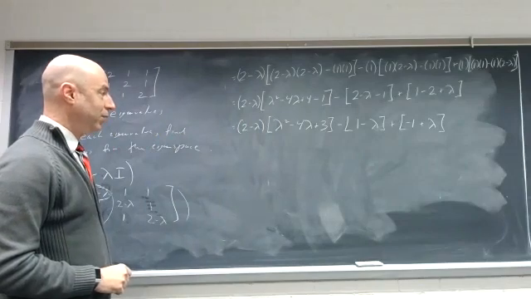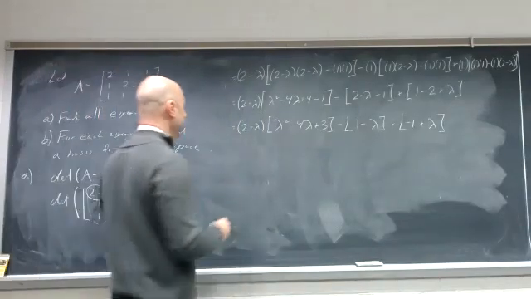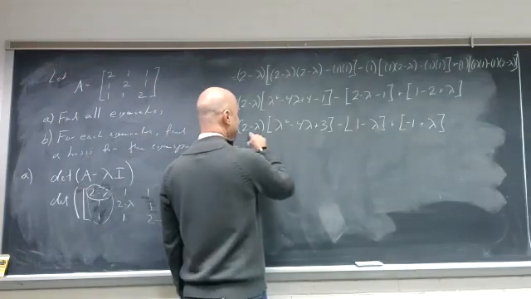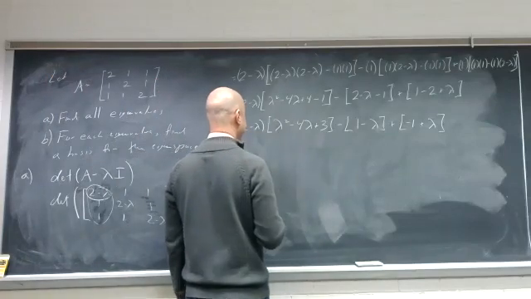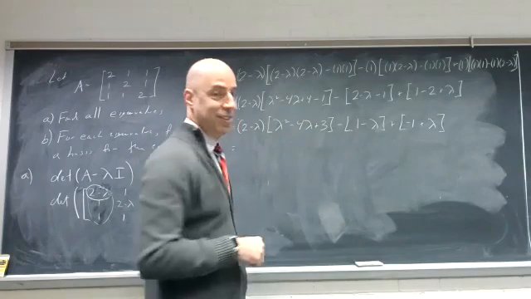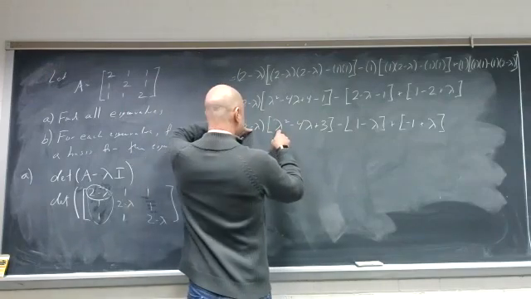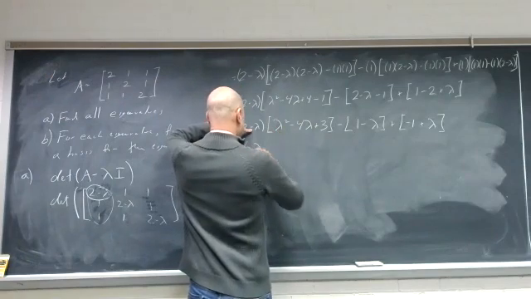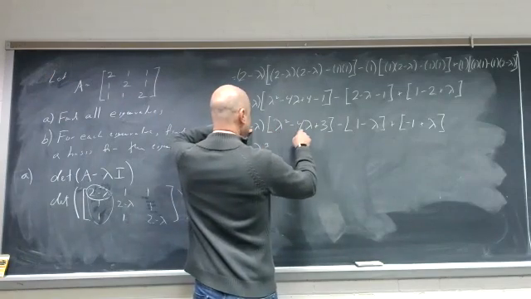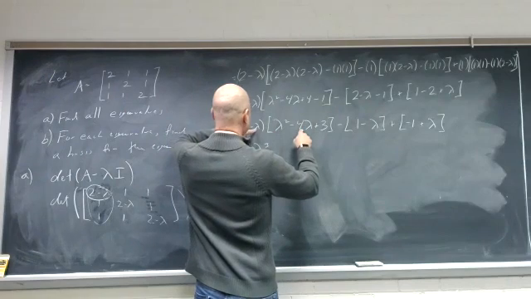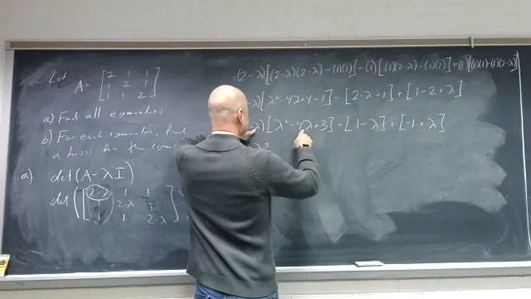Let's see, minus 1. Okay, still going. Okay, now we're going to have to multiply all this out. So this is unpleasant, but this is just algebra. So minus lambda times lambda squared is minus lambda cubed. Minus 4 lambda times minus lambda is plus 4 lambda squared.